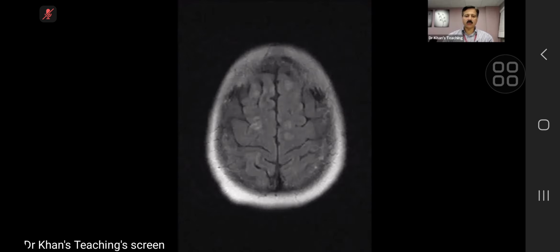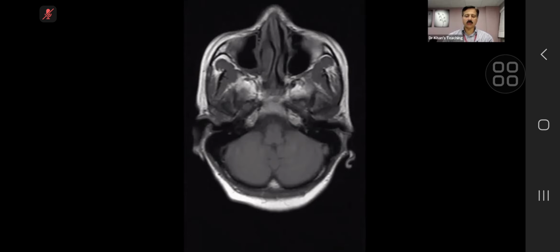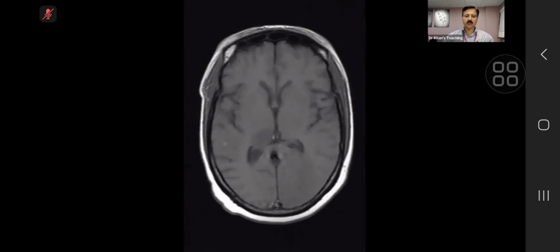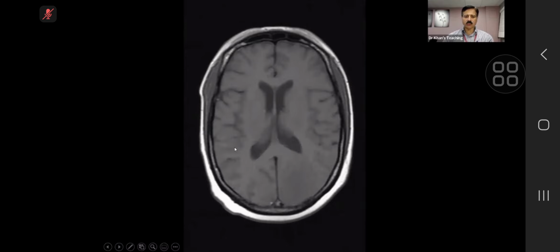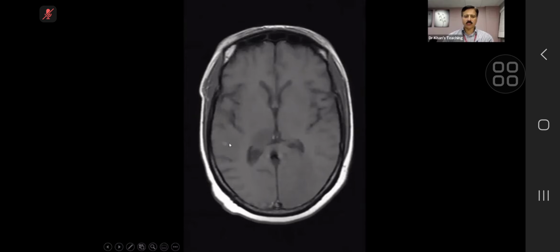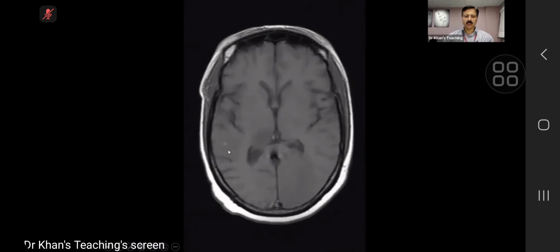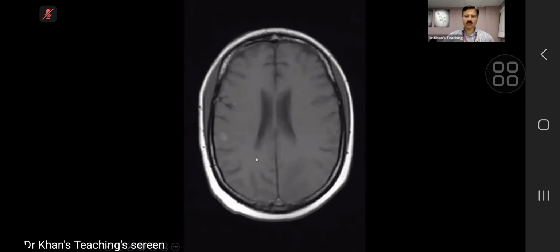And then we go to a T1. Now, if you concentrate on this T1, look here, there is a deposit sitting here, which is high signal. So this is that melanoma, and then there is surrounding edema.